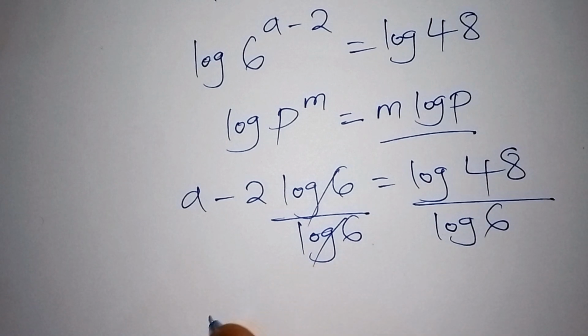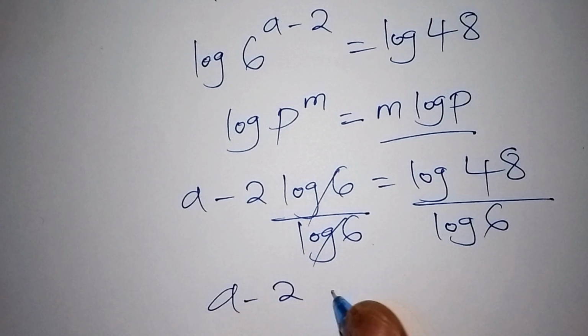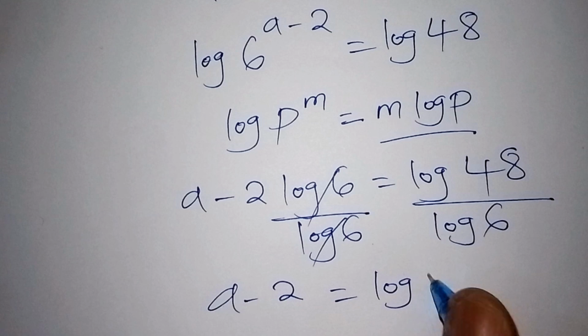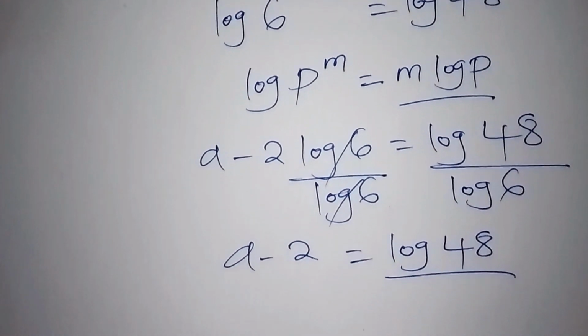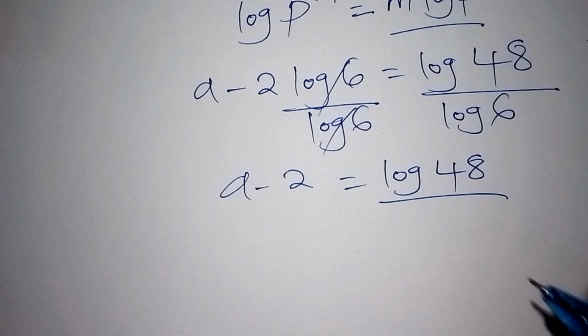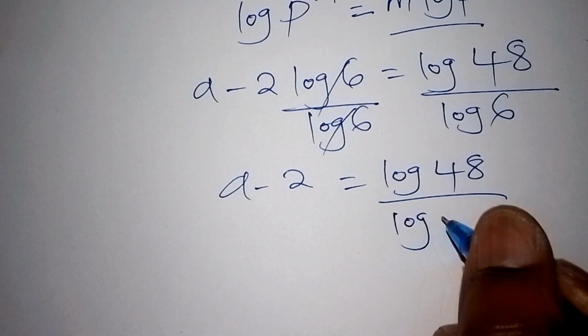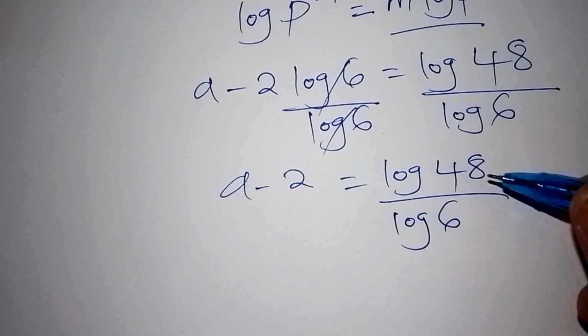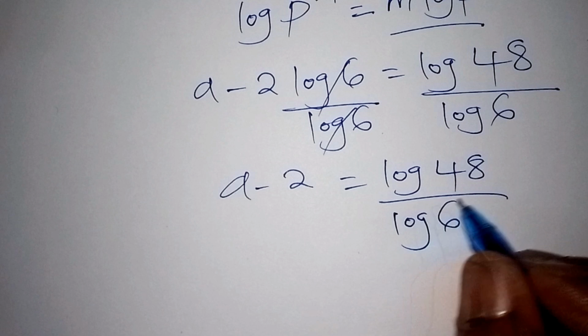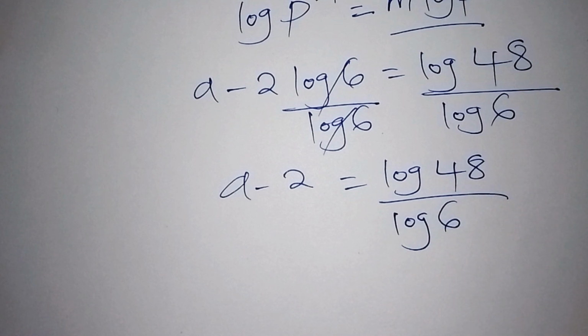Now we remain with a minus 2 is equal to the log of 48 all over the log of 6. We don't stop there, because we still have a minus 2 on this side. But for the meantime, let's factorize the log of 48 all over the log of 6.